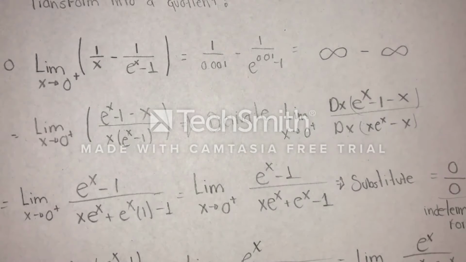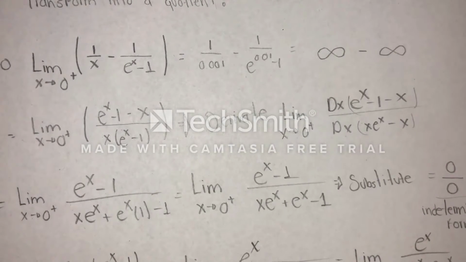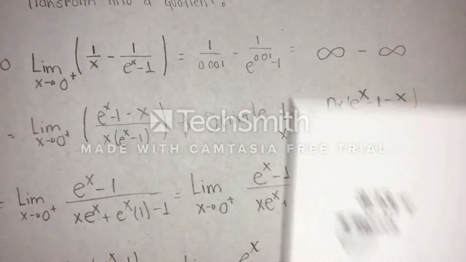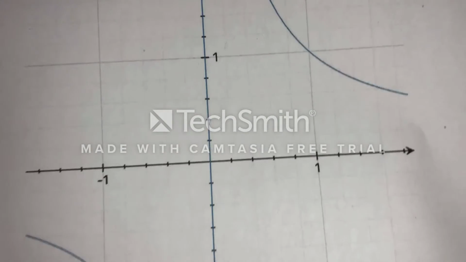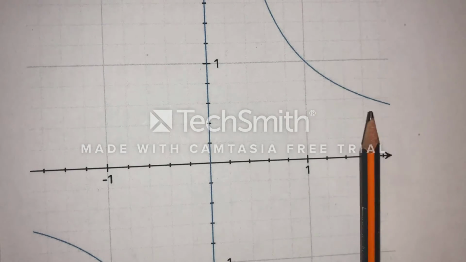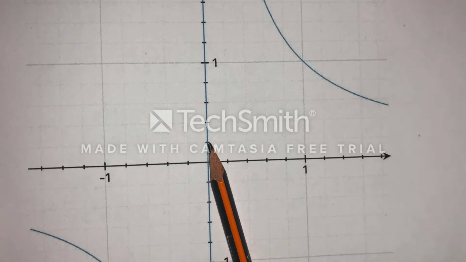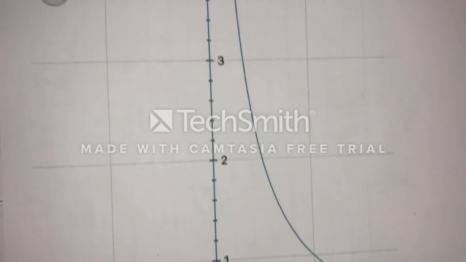Another way is to look at the graph. For example, the graph of 1 over x is this one, and we see that when the graph approaches 0 from the right, it tends to go to infinity.